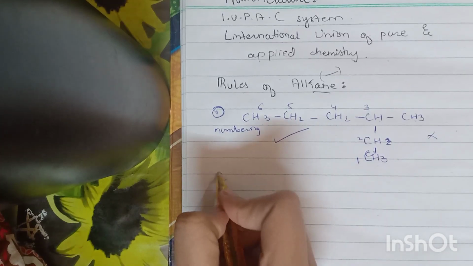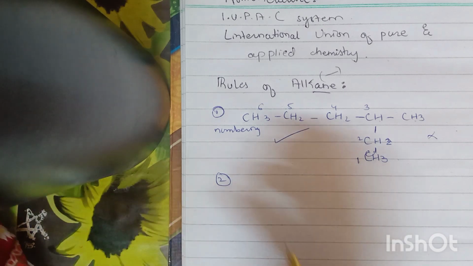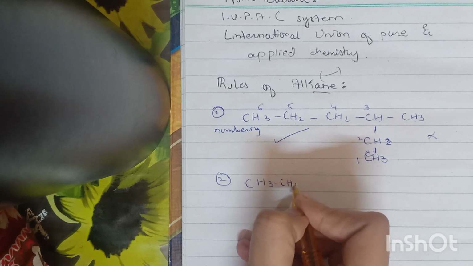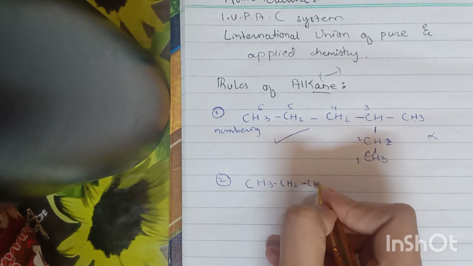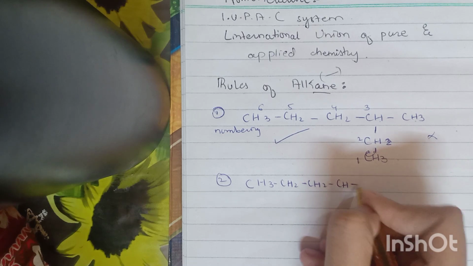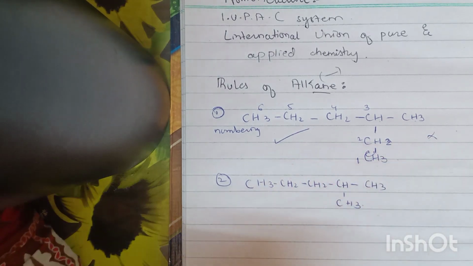Let's move to the second rule, that is assign the numbering to the carbon chain. Let me draw it. CH3 CH2 CH2 CH and CH3, and here is the branch chain CH3, right?